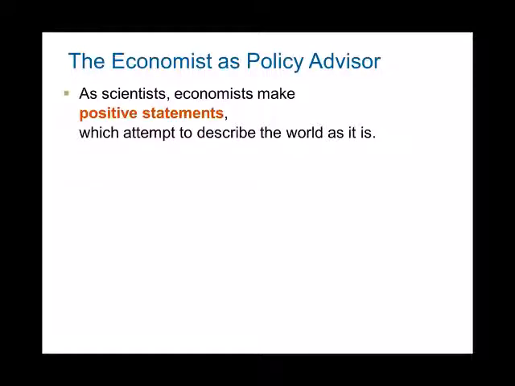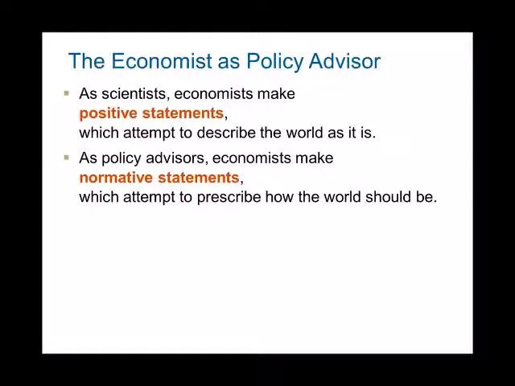Nobody can say, no, you're not wearing a blue shirt, you're wearing an orange shirt, because I know this is the color blue. However, as policy advisors, economists also make normative statements, which attempt to prescribe how the world should be. As scientists, economists make positive statements: this is what the economy looks like right now. As policymakers, we try to say, no, this is what it should be.